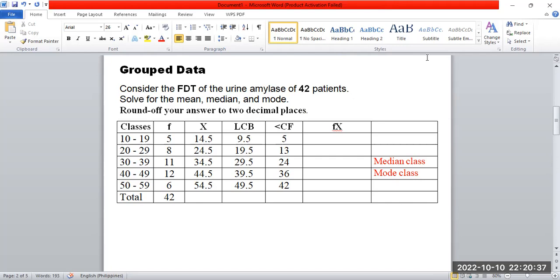So we have to compute for the mean, median, and mode. And kung naalala nyo, for the mean, we have the sample size and the population. So for the population mean, that's the big letter N. And for the sample mean, that's the small letter n.